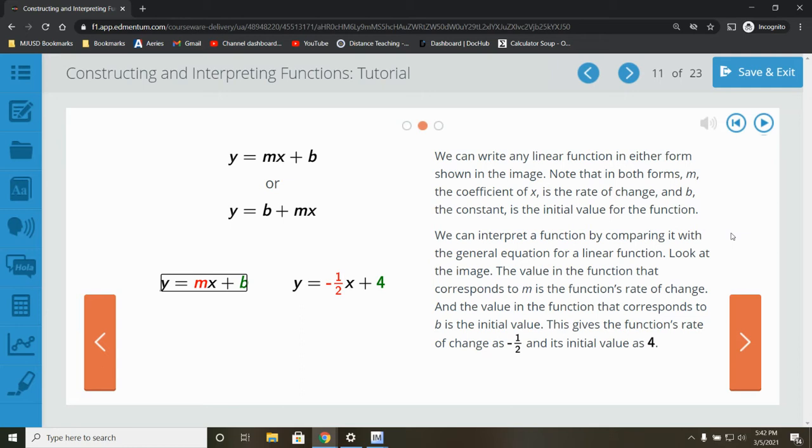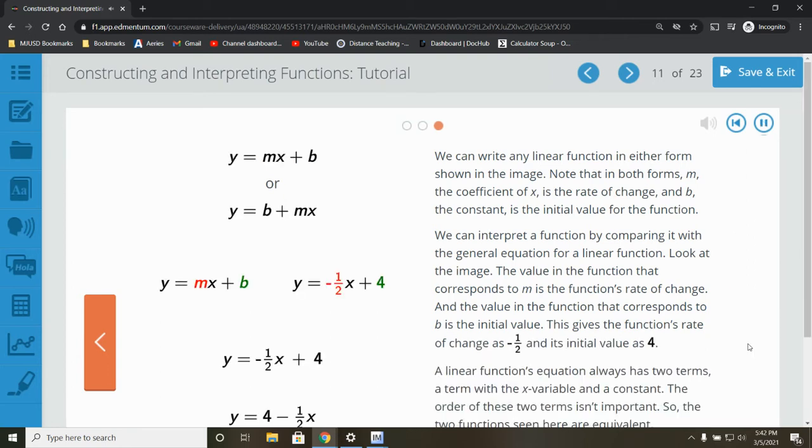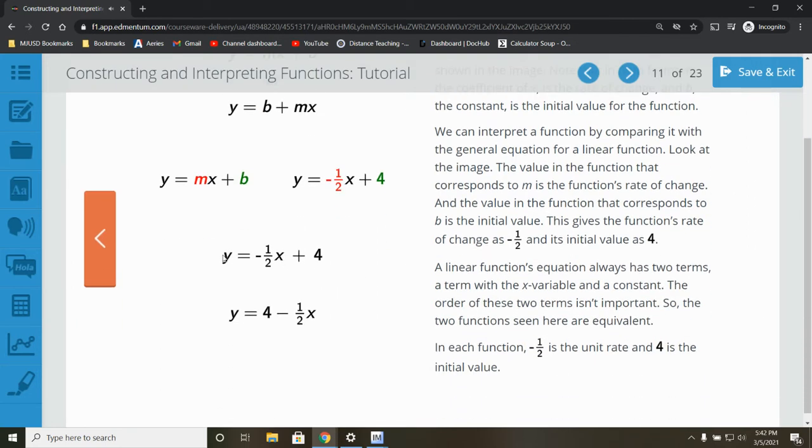So we're given this function, and then we are able to substitute the information to solve for the parts that are unknown. A linear function's equation always has two terms, a term with the x variable and a constant. The order of these two terms isn't important, so the two functions seen here are equivalent. In each function, -1/2 is the unit rate, and 4 is the initial value.